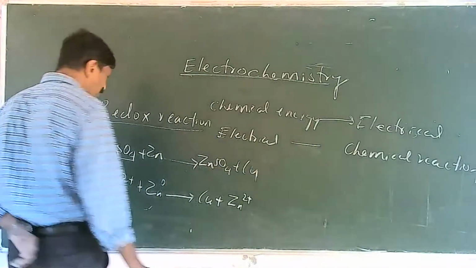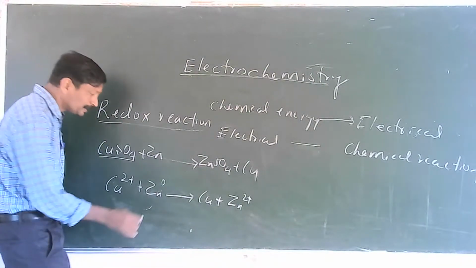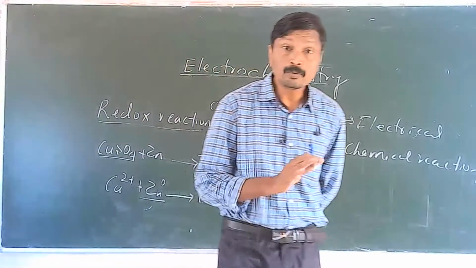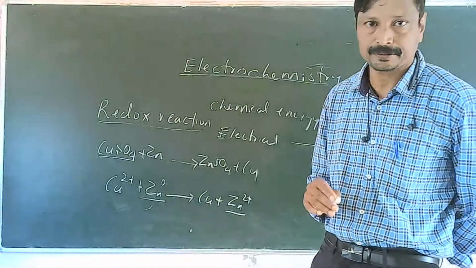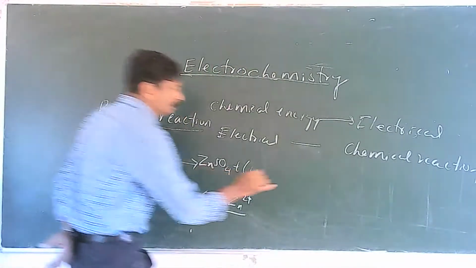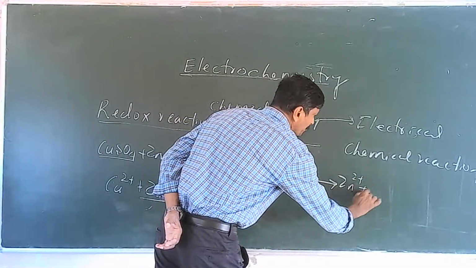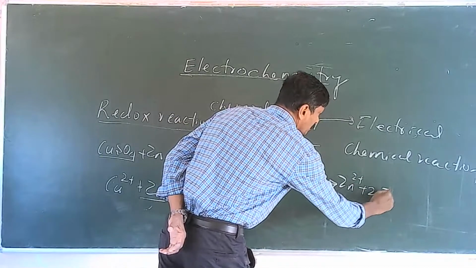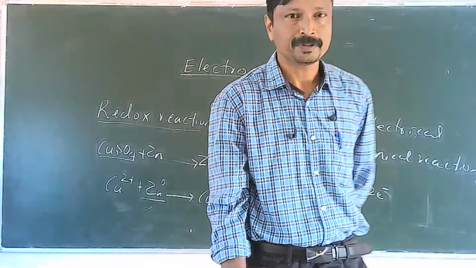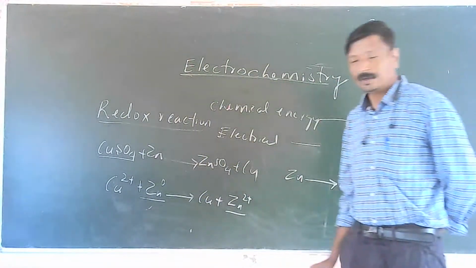Here, which one is oxidized and which one is reduced? The removal of electrons is called oxidation. Zn goes to Zn2+ plus 2 electrons; the Zn is oxidized to Zn2+.